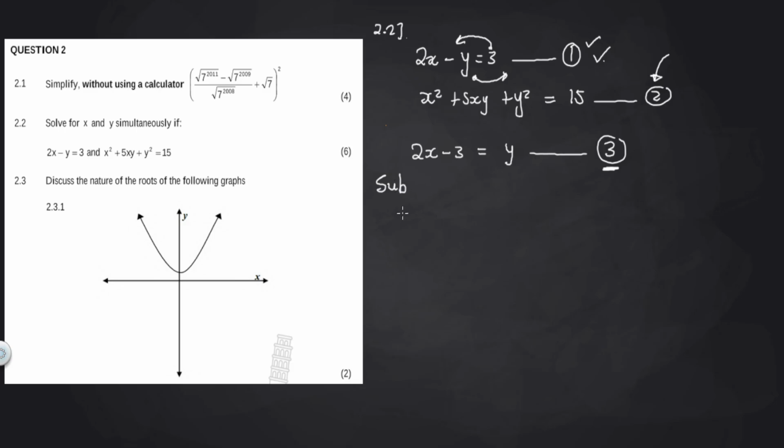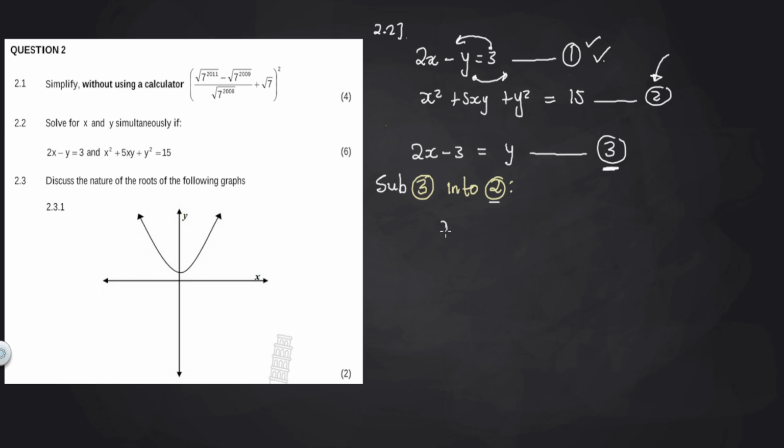Why not equation 1? You cannot substitute equation 3 into equation 1. If you try to do that, you will get 0, you cancel everything. We substitute 3 into equation number 2, because we haven't touched number 2.